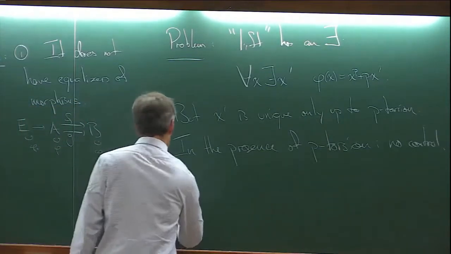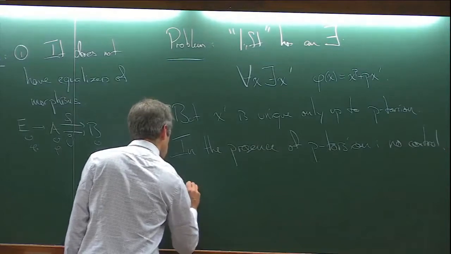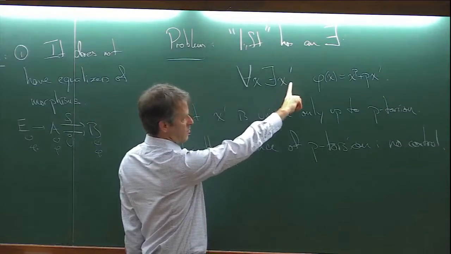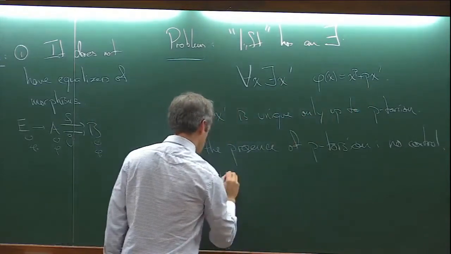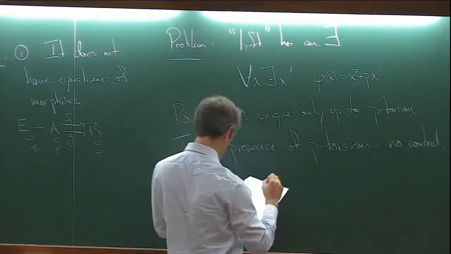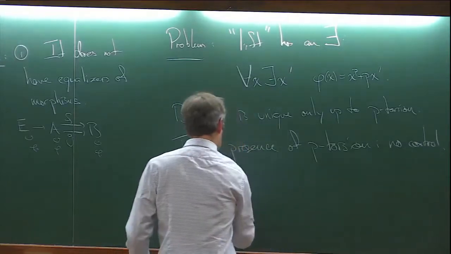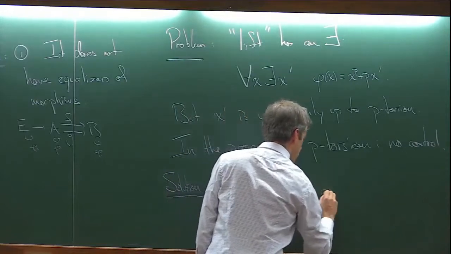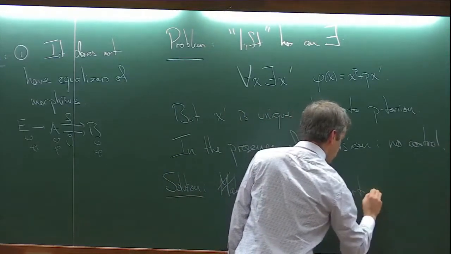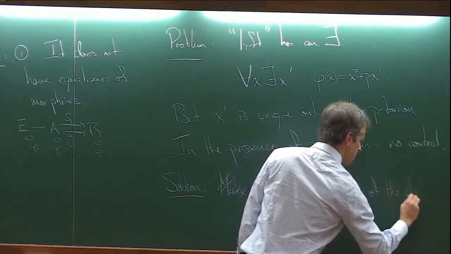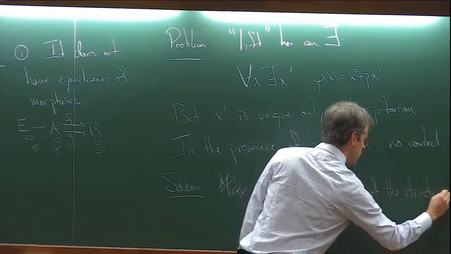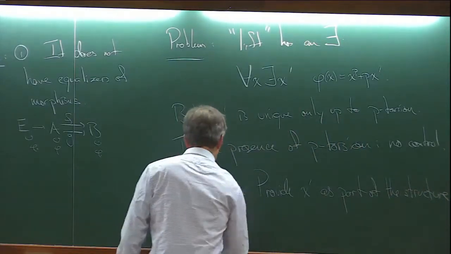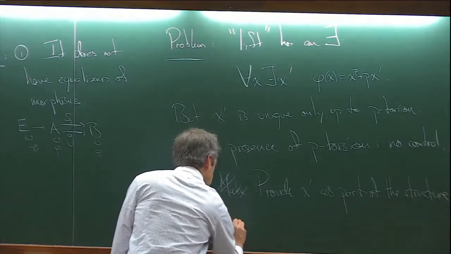Okay, so our solution to this is a standard thing, which is to make the data of x prime part of the structure. Provide x prime as part of the structure on the objects in the category we want to define, rather than the property of its mere existence.